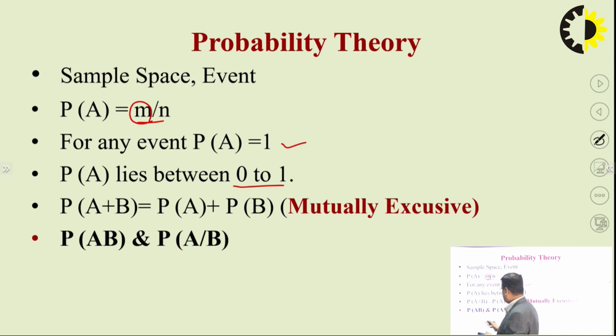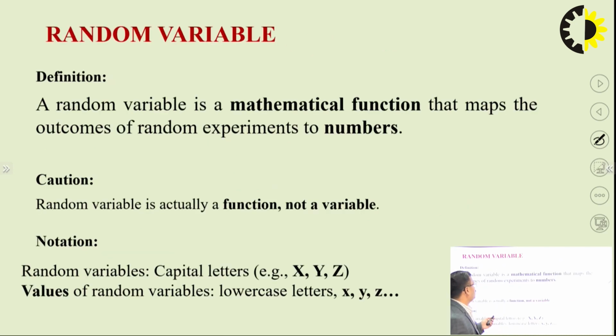You can write P(AB) and P(A/B). P(AB) means joint probability, and P(A/B) is conditional probability. So I am writing some important points in this PPT about probability. Why am I giving this? Because a random variable can be analyzed statistically using probability theory. So you should know some basics of probability theory.